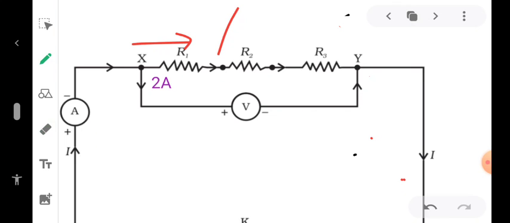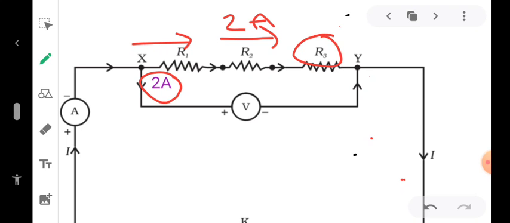There is no interconnection between R1 and R2, where R1 and R2 mean resistor 1 and resistor 2. So if 2 ampere of current is going through resistor 1, the same 2 ampere of current will go through resistor 2 also, and the same amount will go through resistor 3 also.